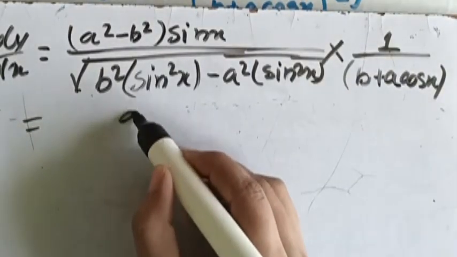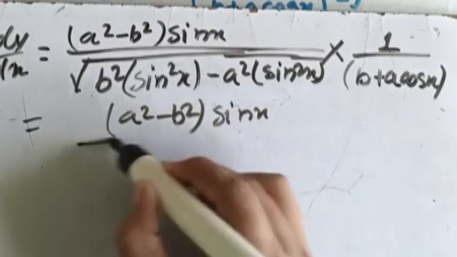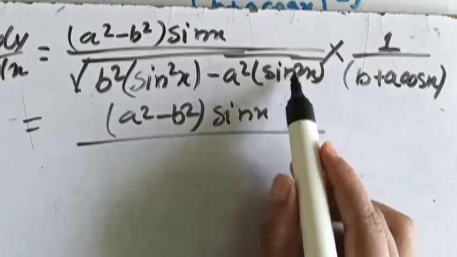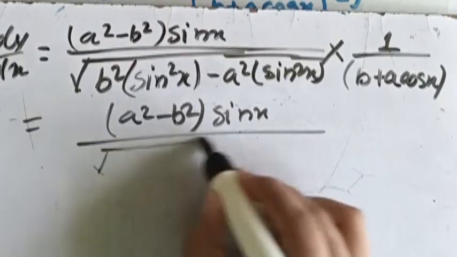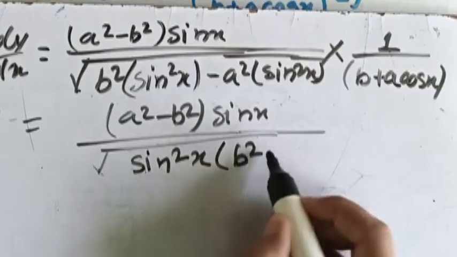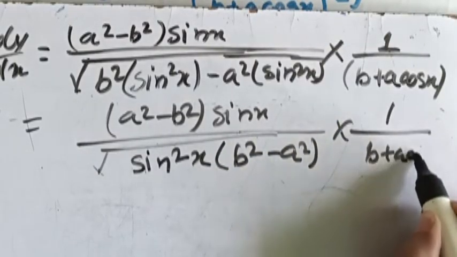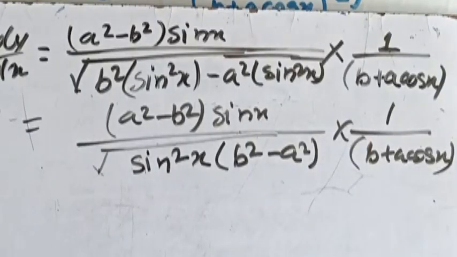And here finally a square minus b square sin x upon, so let's see, here sin square x will be common, and what are we left with? Sin square x gets common, and we are left with b square minus a square into 1 upon b plus a cos x, right?